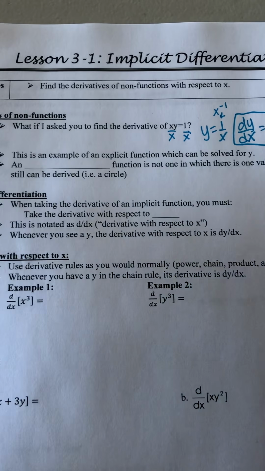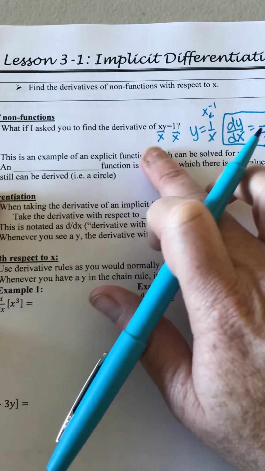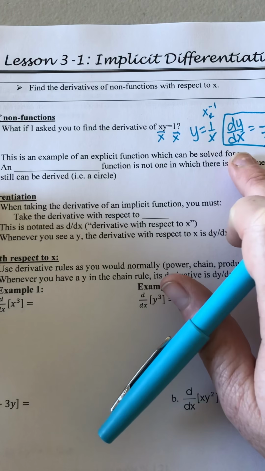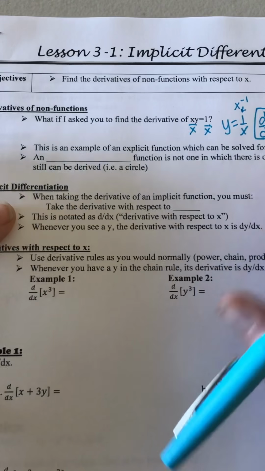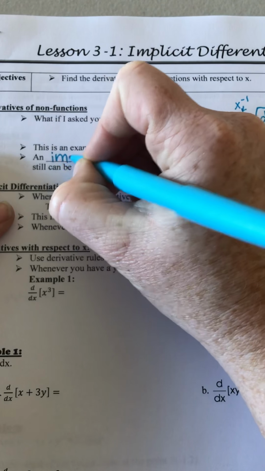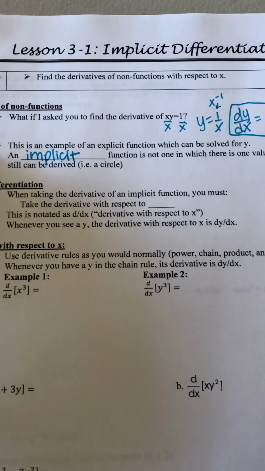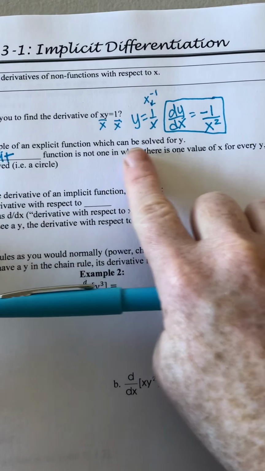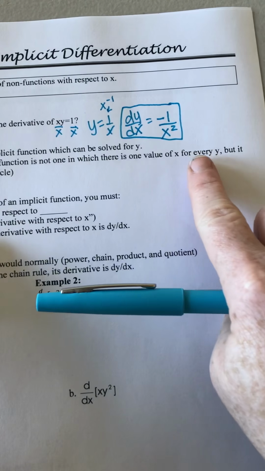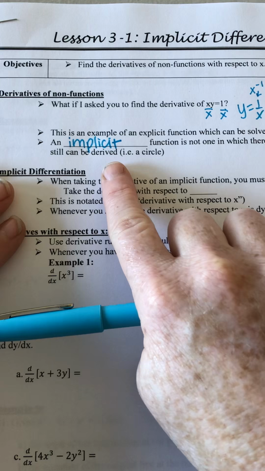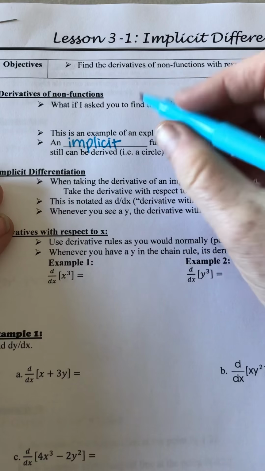not all functions are what we call explicit, which can be solved for y. An implicit function is not one in which there is one value of x for every y, but it still can be derived. For example, a circle.